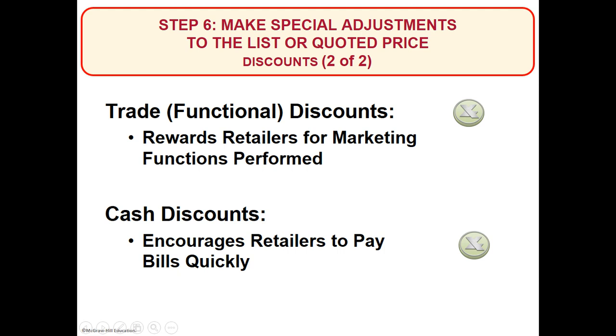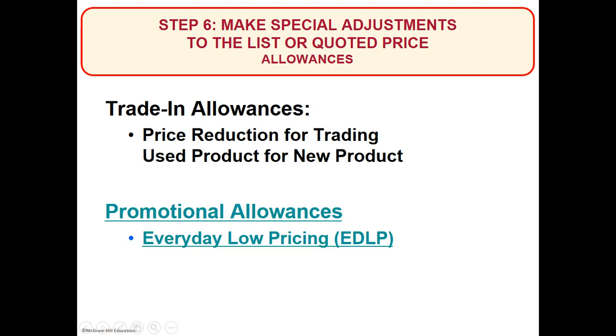So if you pay, say, within 10 days, I'll give you a 2% discount, 2/10. And the trade-in allowance is a price reduction for trading a used product for a new product. I'm sure when you buy a new car, they'll allow you to trade in your old car, and it happens with business as well. There are promotional allowances, everyday low pricing.